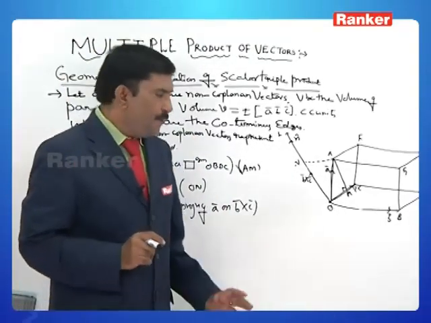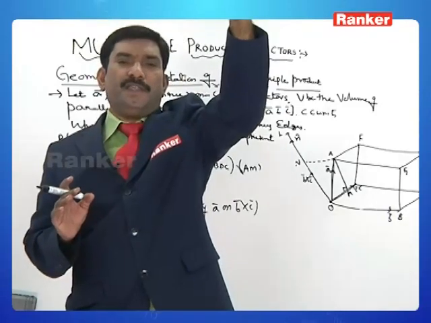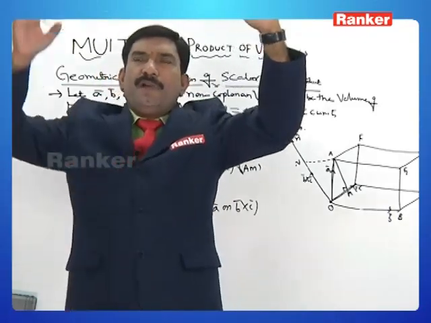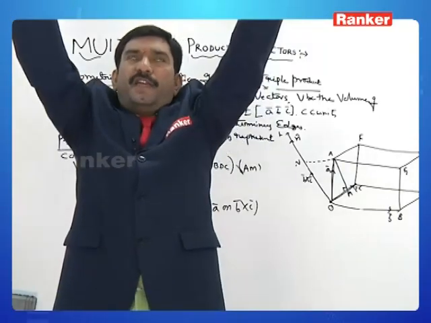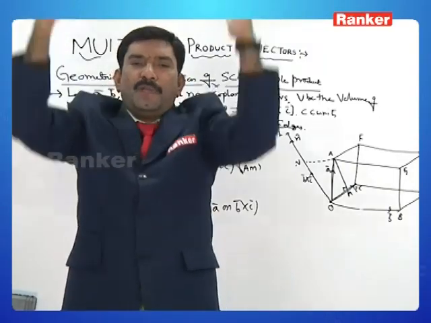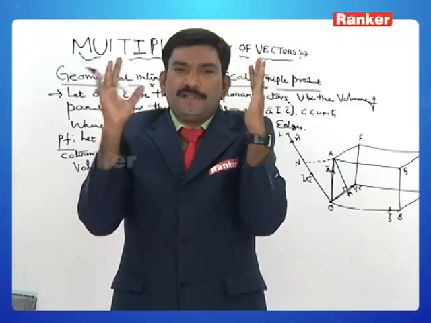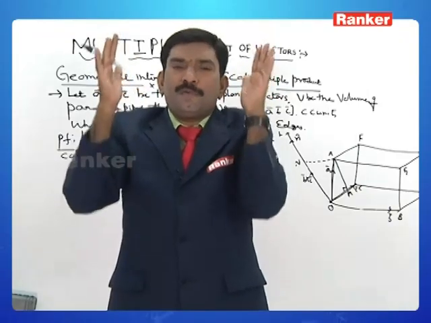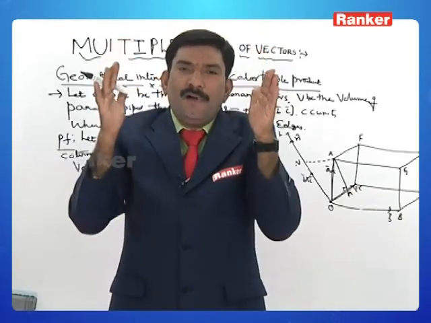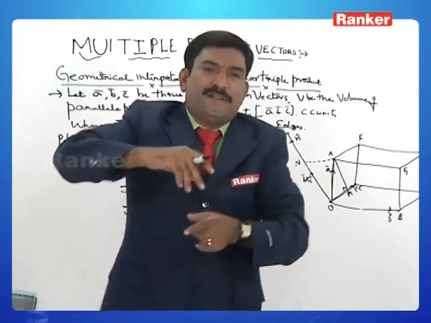So now, when the terminal point of A bar and the terminal point of B cross C are on the same side, then A bar, B bar, C bar are in a right-handed system.